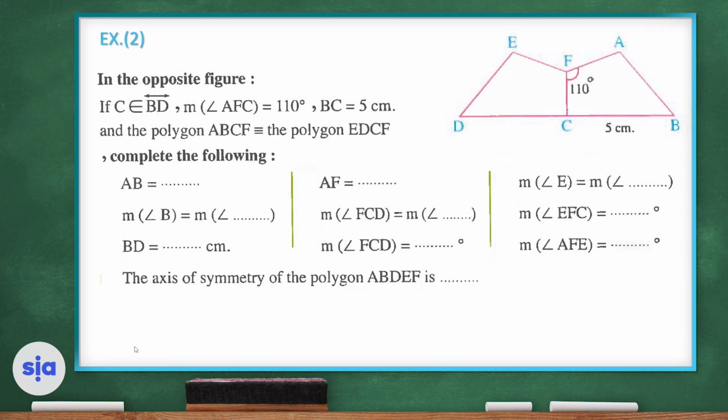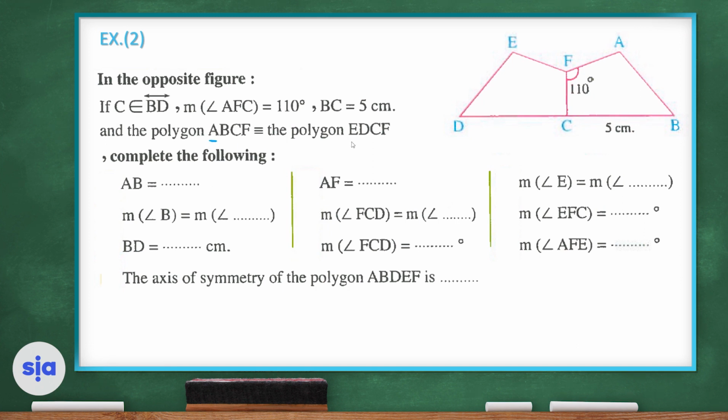Let's now go to exercise number 2. In the opposite figure, if C belongs to line BD and the measure of angle AFC is equal to 110 degrees, where BC is 5 centimeters, and the polygon ABCF is congruent to the polygon EDCF, complete each of the following. Check here, the order is very important.